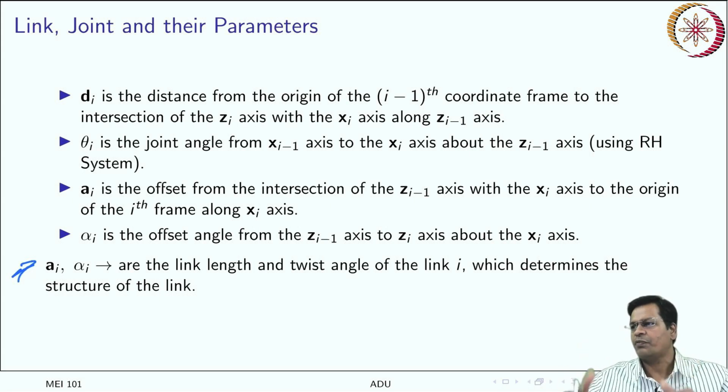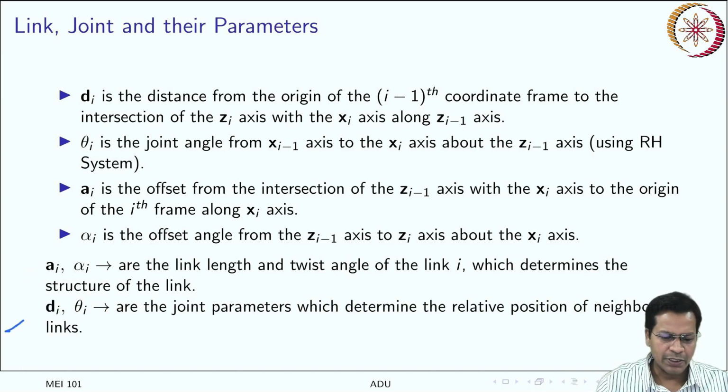So this defines the structure of the link. Alpha is the twist, and length is the distance between the 2 axes. One is the axis about which the link itself is moving, and the other is the frame attached to the link itself, that is the ith frame.